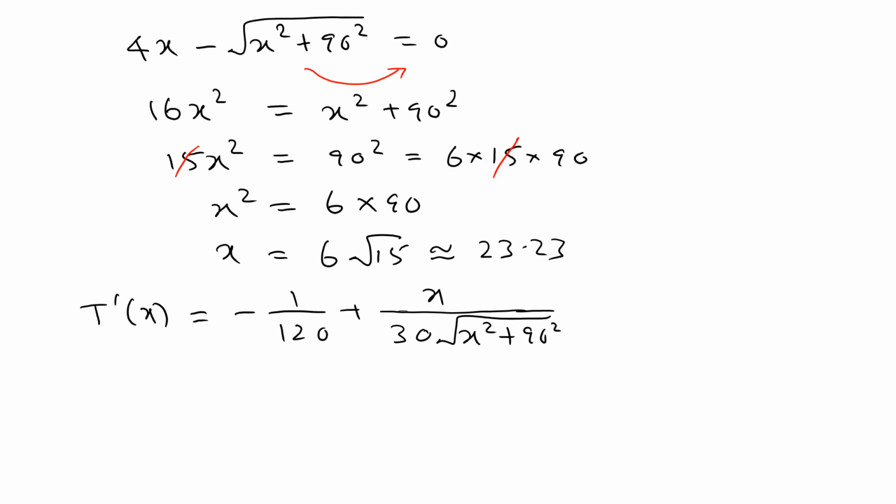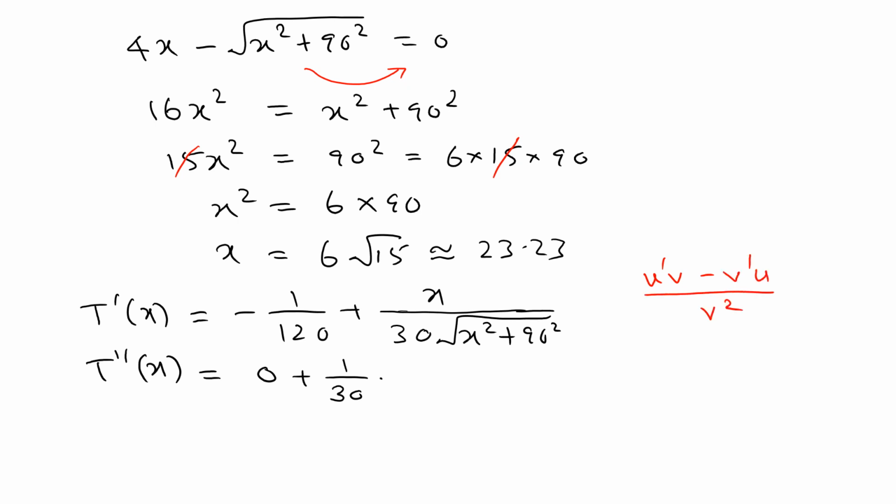Once we take the derivative again for the double derivative, the first term is 0 because it is a constant, and then we use the product rule. You can take the 1 over 30 out, and then use the quotient rule formula, u prime v minus v prime u over v squared.